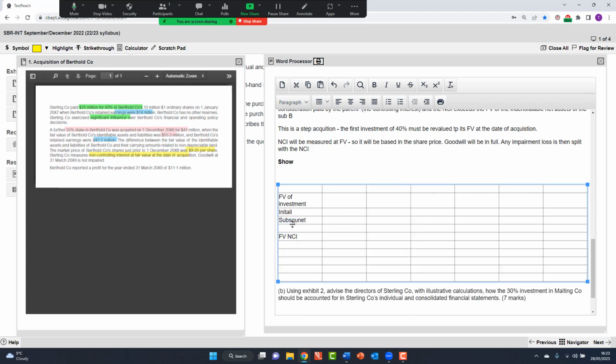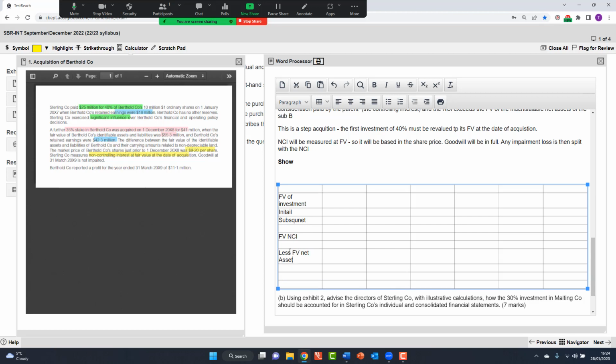So we've got the fair value of the NCI, and then we're going to deduct the fair value of the net assets, and that's going to give us the goodwill. So even if we don't put any numbers in, we've shown that we know the basic principles. We're picking off easy marks.